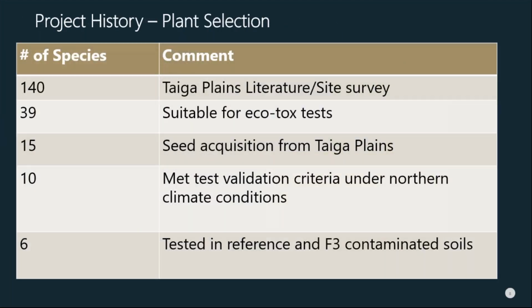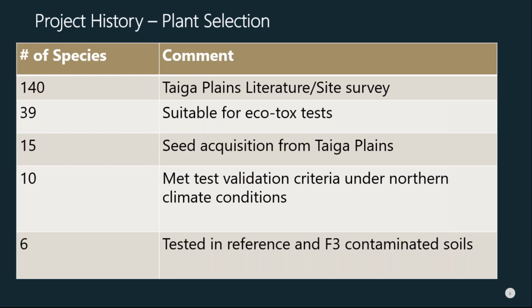So now on to more of the work with the plants. The plant selection process for this project started with a literature search as well as a survey of the plants around the site. About 140 different species were identified initially. Then many of these species were assessed for their suitability for ecotoxicity testing.